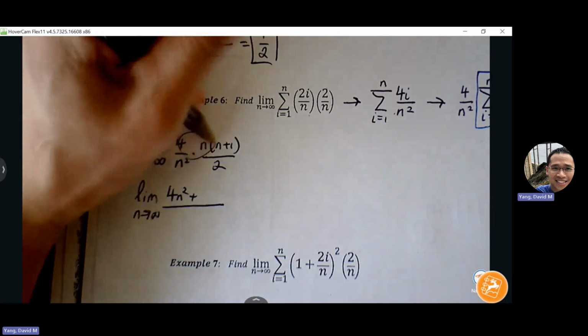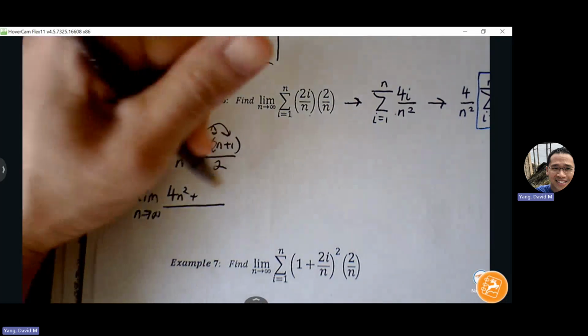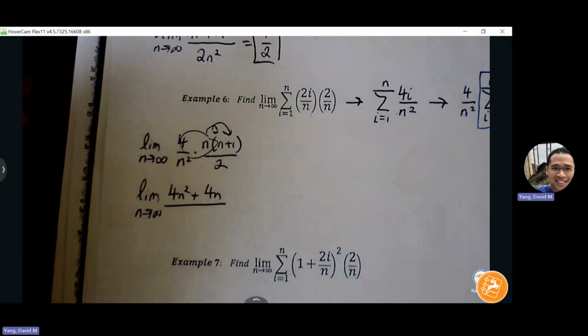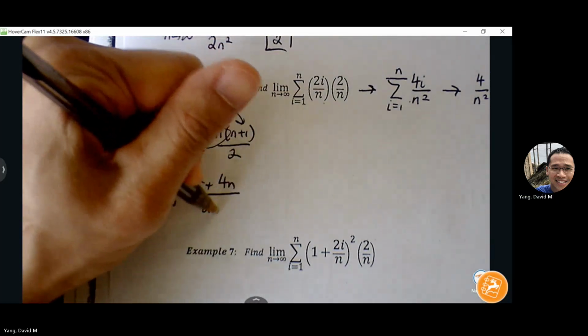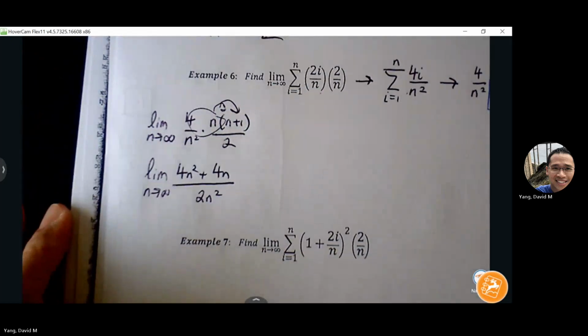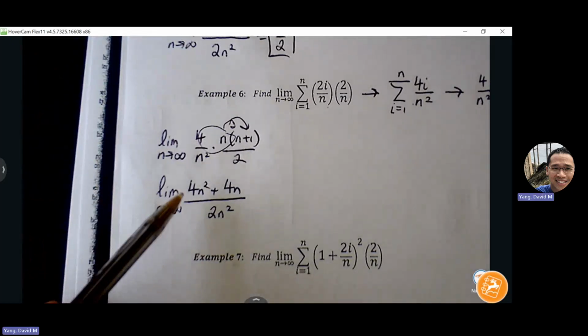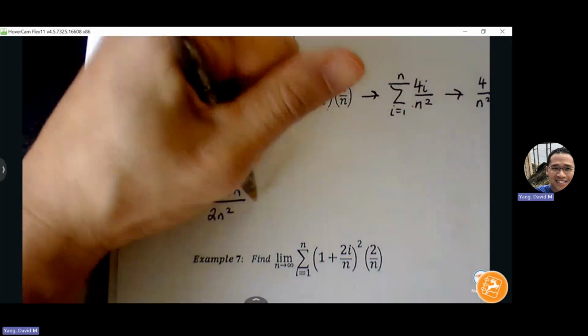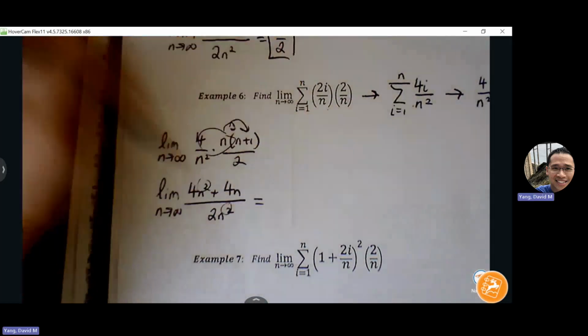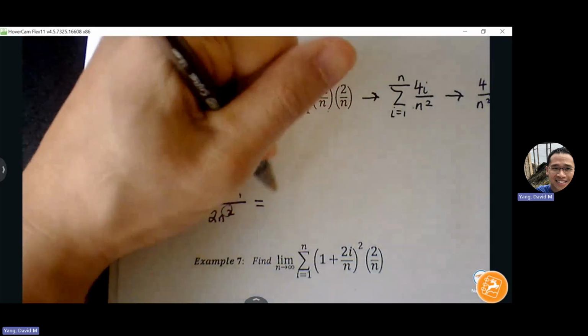So I'm distributing the 4n through the parentheses here. My denominator is just what? 2n squared. Okay. Should be nice and clean now. What's my limit going to be? 4 over 2. I don't care about my lower degree, right? It's only the highest matching one that I care about.